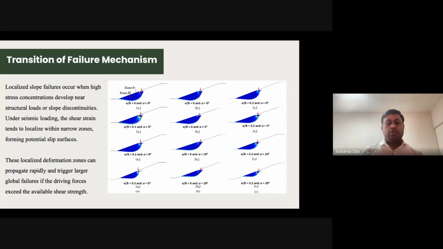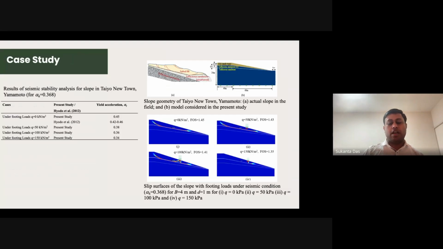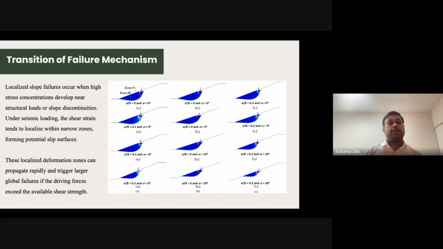So after seeing all these analyses, we move back to the transition of failure. In this figure, localized slope failure occurs when high stress concentration develops near the structural loads or slope discontinuities.